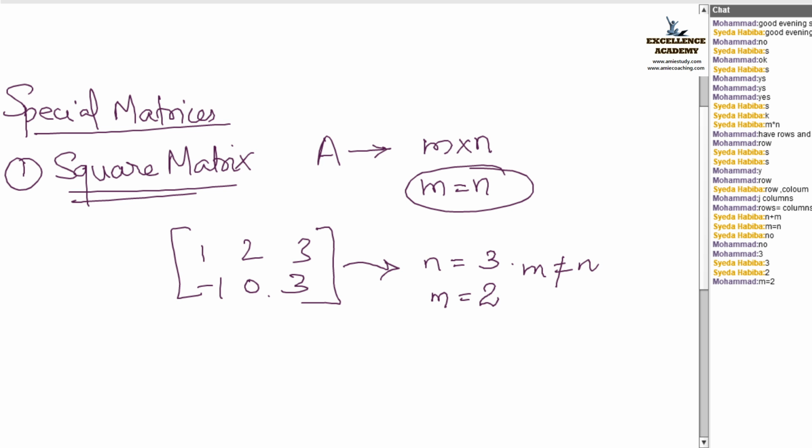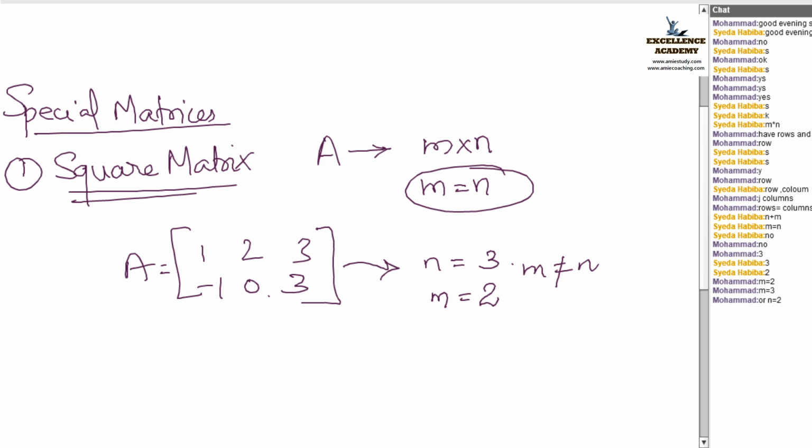Therefore, in order to make it a square matrix, what should I do? I should add a column or row. M can be made 3, or n equal to 2.